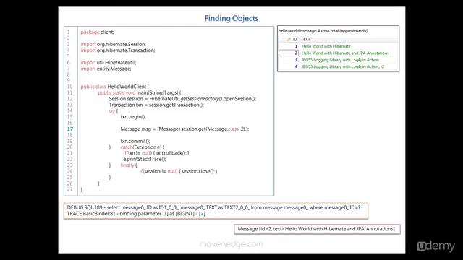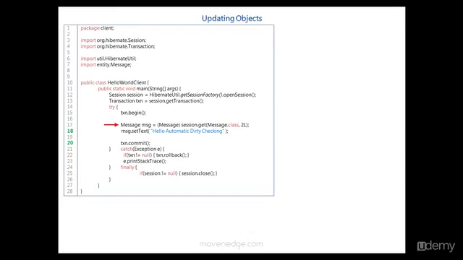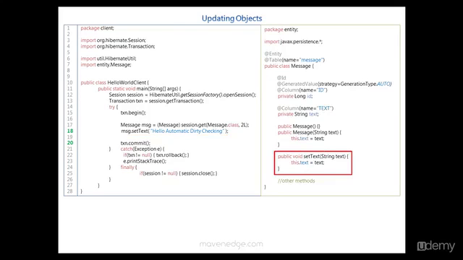So now that we got a message object using the value of its ID attribute, let's go ahead and update it. So again, we've got the message object by the value of its ID attribute on line number 17 here, and then we are updating its text attribute using its setText method. We did not have this setText method earlier in our message entity, so I just added it.